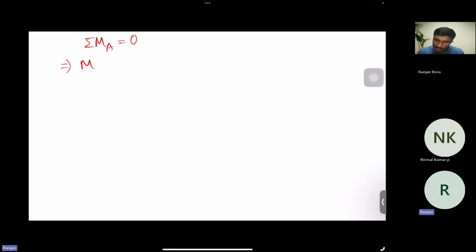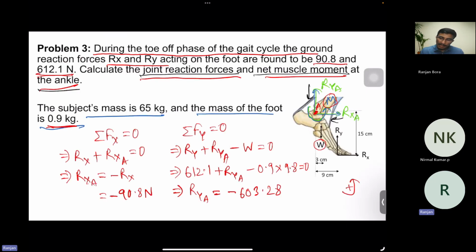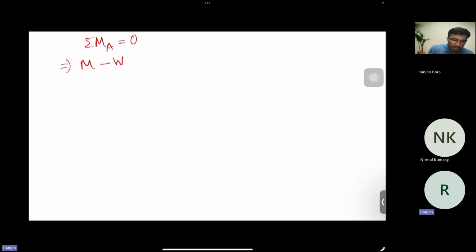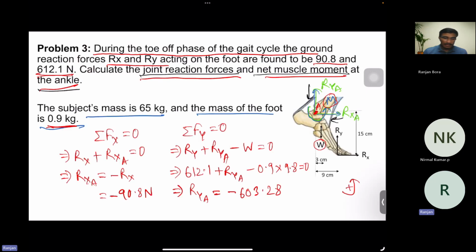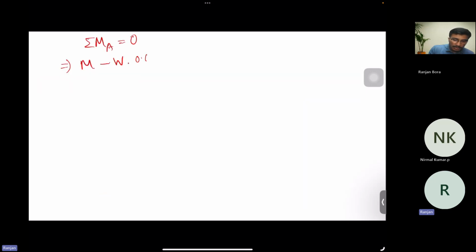And what will be the other moments? One moment will be because of W, and it will be in the clockwise direction, so it will be negative: minus W dot the moment arm, which is given as 3 centimeters, so we'll take 0.03.